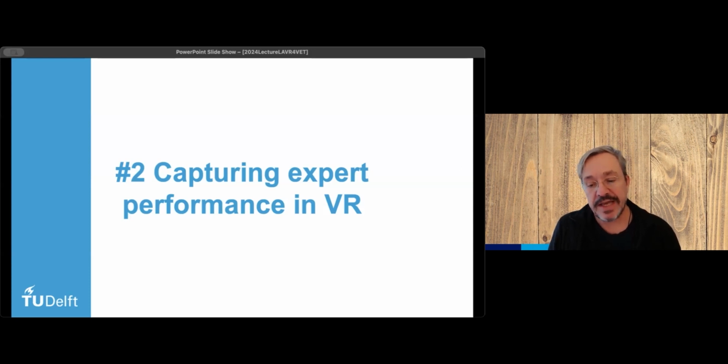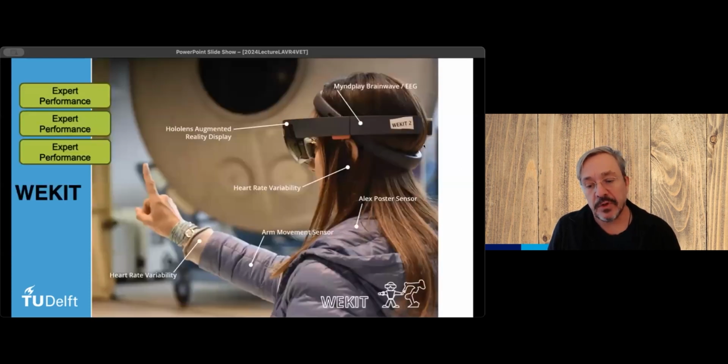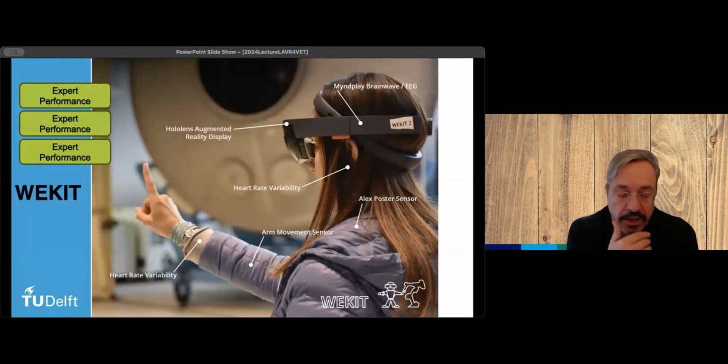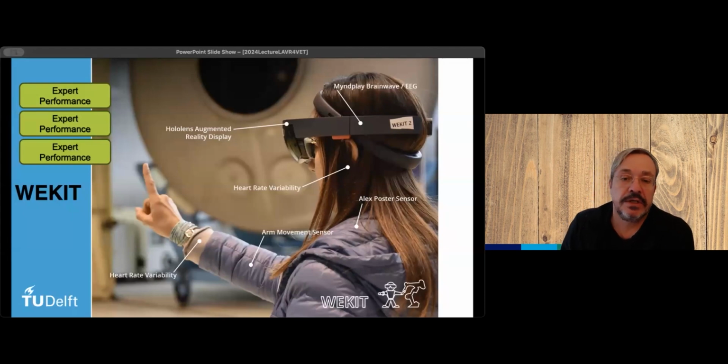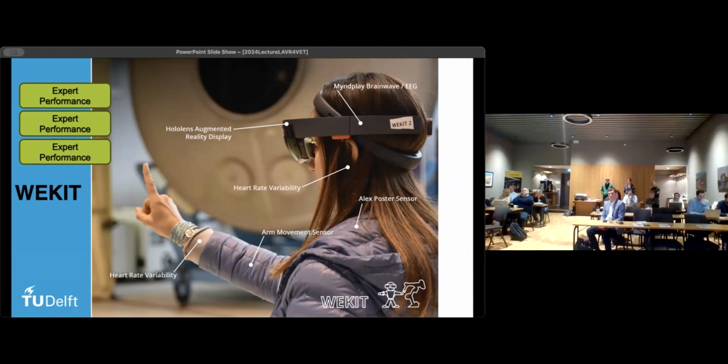And I think a very elegant way how we did this, and some of you know this work, is in the WeKit project, where one of the core ideas was to record an expert performance to compare that to beginner performance.